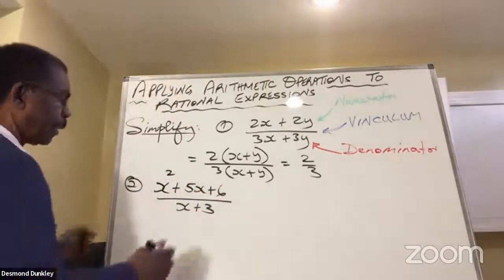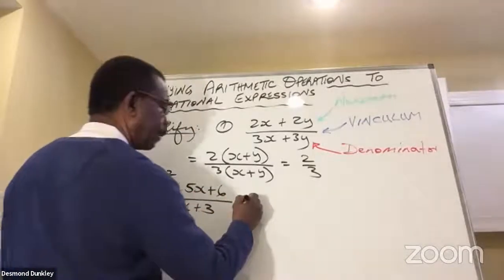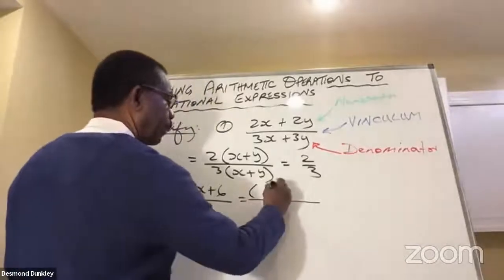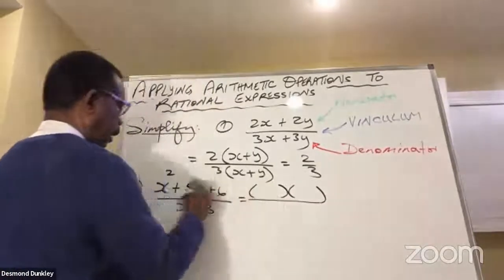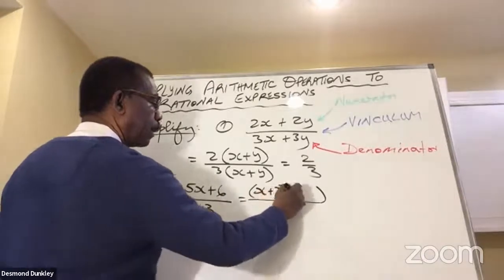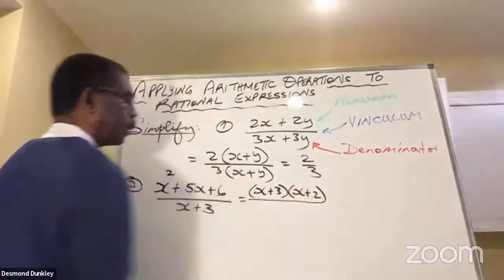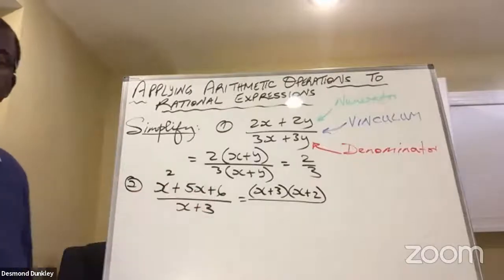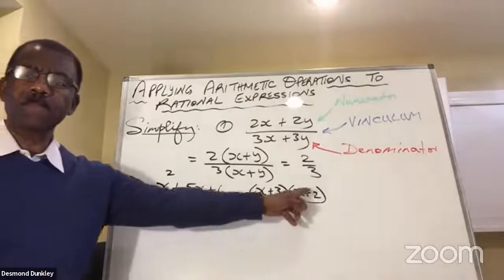So as I look at this, I say, oh, wait a minute. Let's try something. I think for this, I'll end up with x plus 3 times x plus 2. That's the factorization of that.